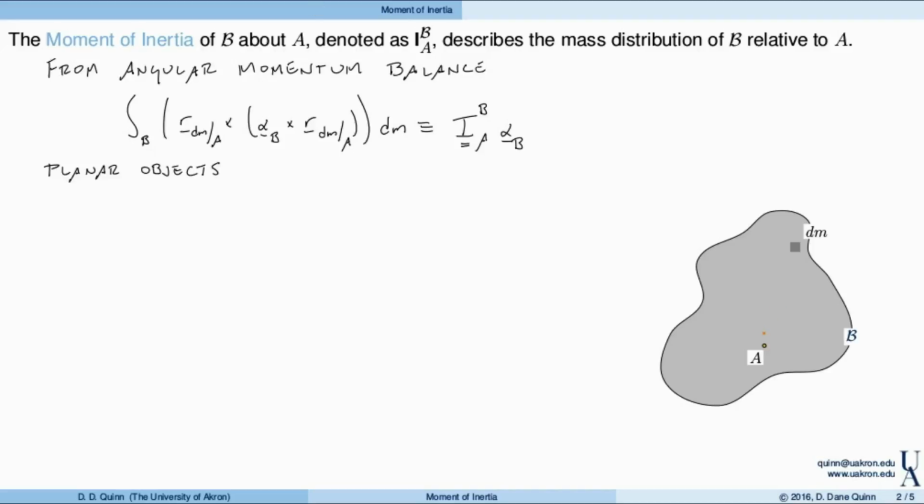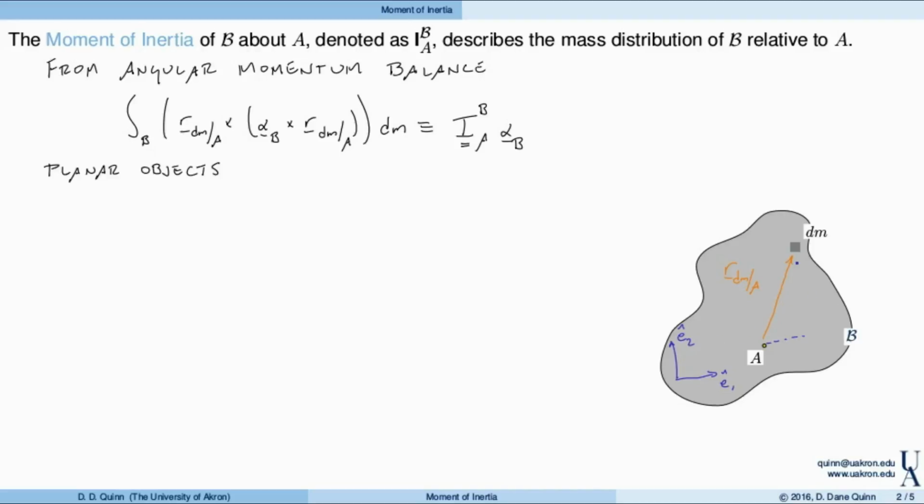So here, r dm with respect to A represents the vector from A to some mass element. And again, when we ultimately integrate over the body, we'll integrate over all mass elements. But again, for planar objects, we can describe this vector in terms of directions fixed in the body. So let's say E1 and E2. Again, this is a frame of reference, set of basis directions that's fixed in the body.